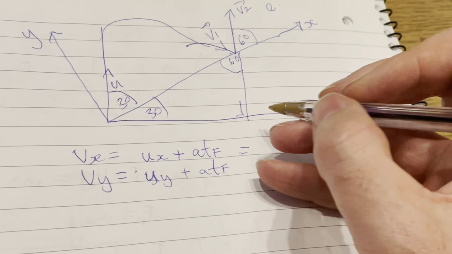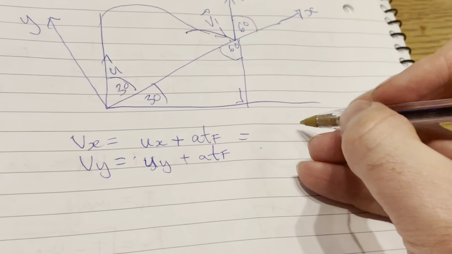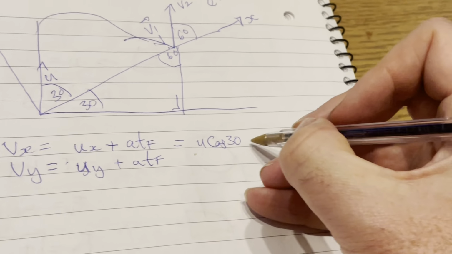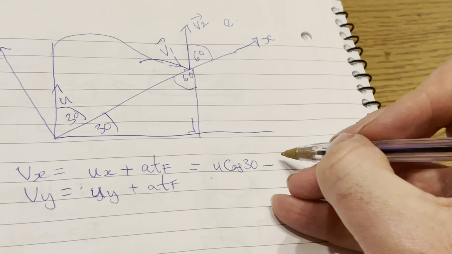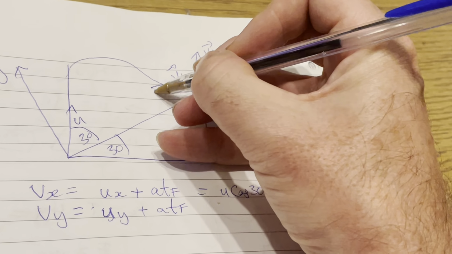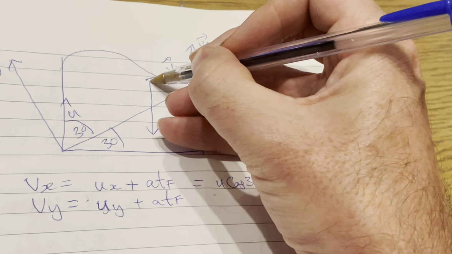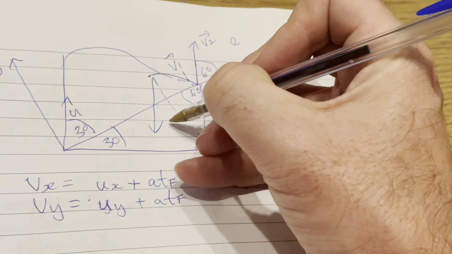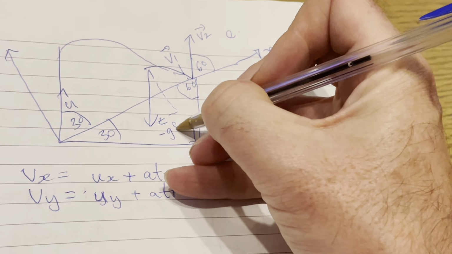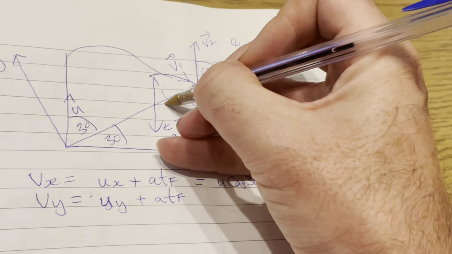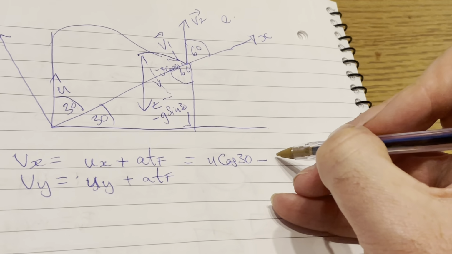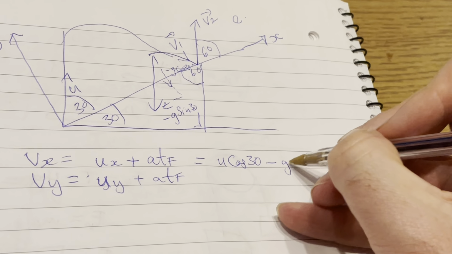Ux is your horizontal one there, so it's U cos 30 minus, and your acceleration in the i direction is minus g sine 30, and in the j direction it's minus g cos 30.